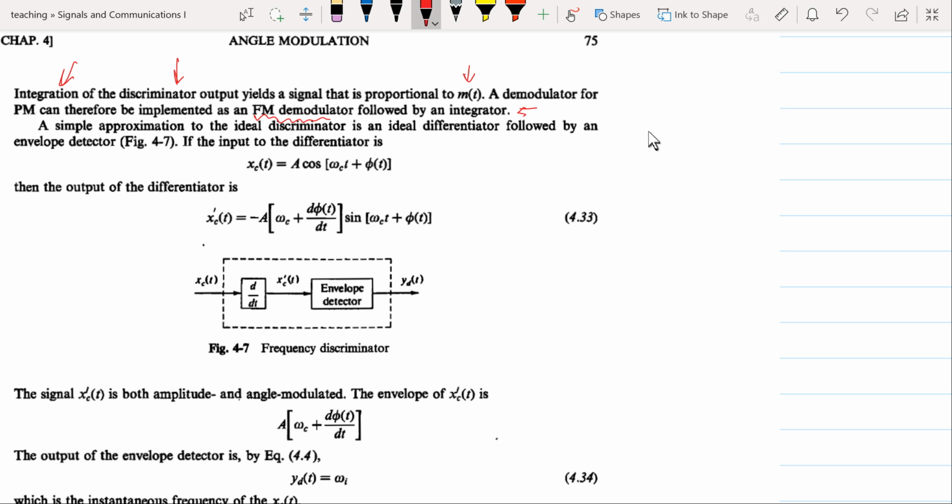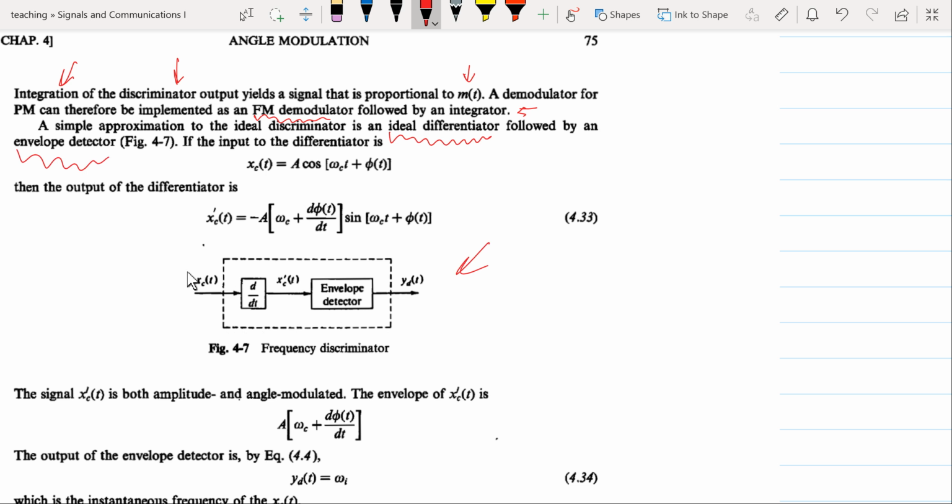Now we want to see how we may achieve a simple or ideal discriminator. A simple approximation of an ideal discriminator is achieved using an ideal differentiator followed by an envelope detector. This is seen in this figure.